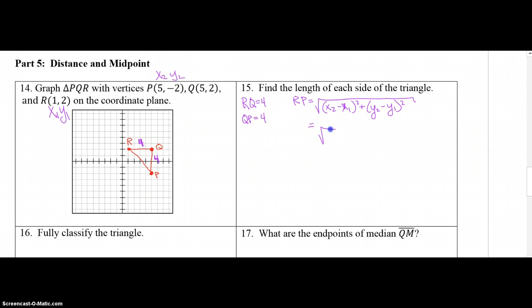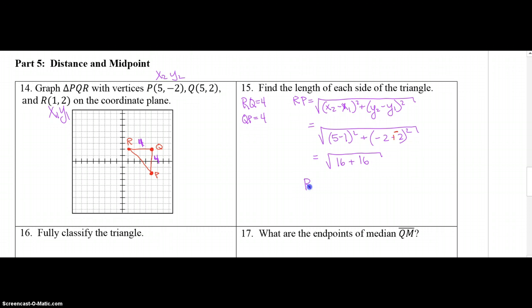I'm going to plug in x2 minus x1. So that's going to be 5 minus 1 squared plus -2 minus 2 squared. 5 minus 1 is 4, squared is 16, and -2 minus 2 is -4 because this is the same thing as plus and negative, so -2 plus -2 would give us -4, but when you square any number, a negative times a negative is also a positive.